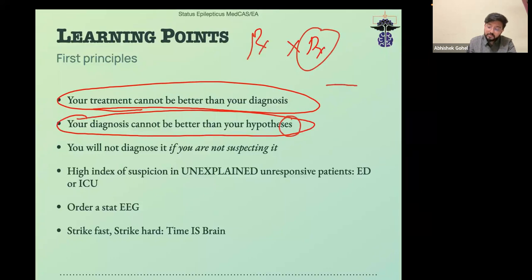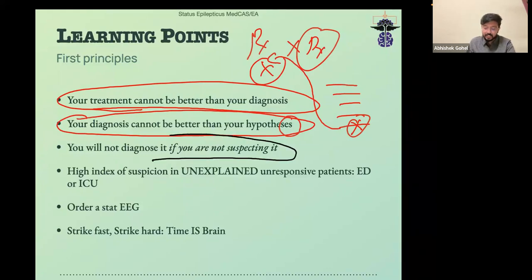So if you have not considered it at all, you are not going to diagnose it. And if you are not going to diagnose it, you are not going to treat it. Simple. So you will not diagnose it if you are not suspecting it. One simple change in perspective can amplify so much over a period of time.